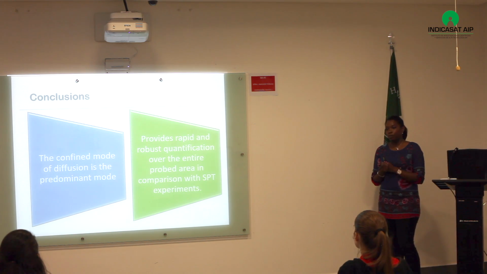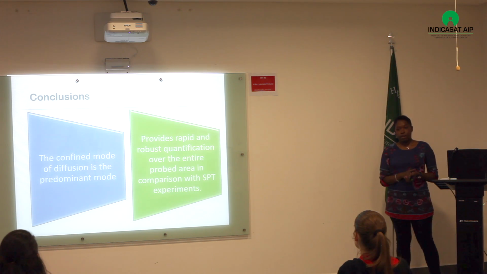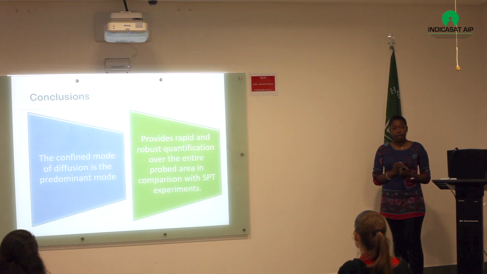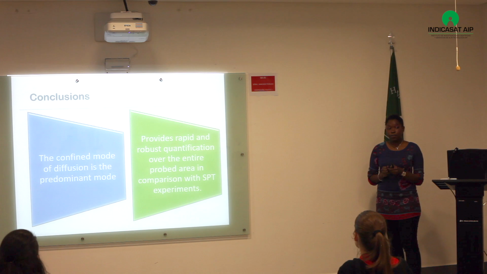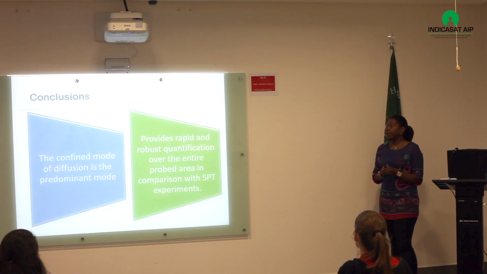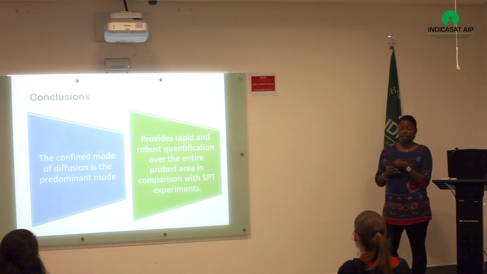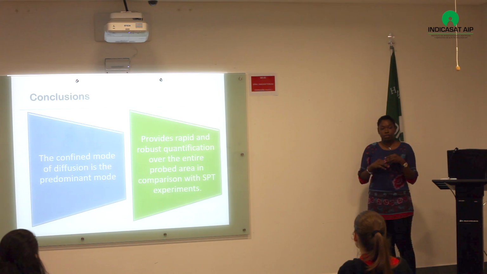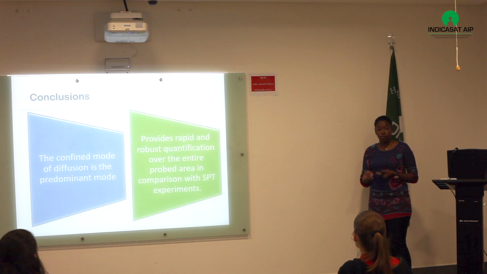In all this work, we see that the IMSD method provides a rapid analysis that can give qualitative and quantitative information of the protein diffusion law. And also, in comparison with other techniques such as single particle tracking, we are able to measure the dynamics of a pool of molecules in the cells, and we don't need single particles to be able to obtain the diffusion law.